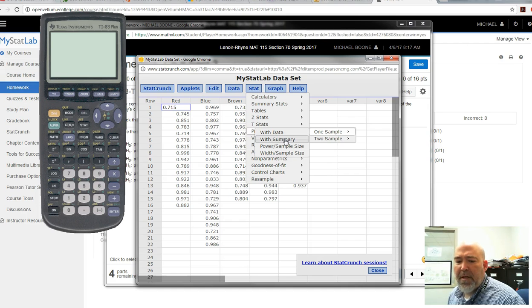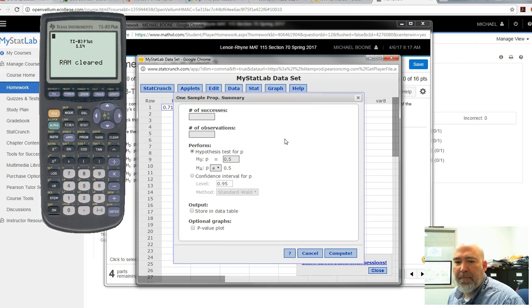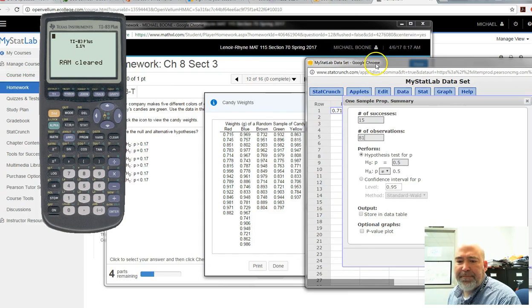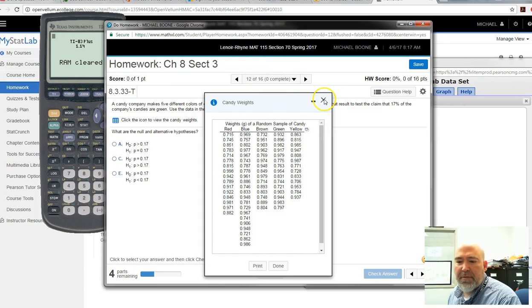And I should be able to find what I'm looking for with this. So successes were 15 out of 81. The sample proportion, let's go back and answer this very first question.